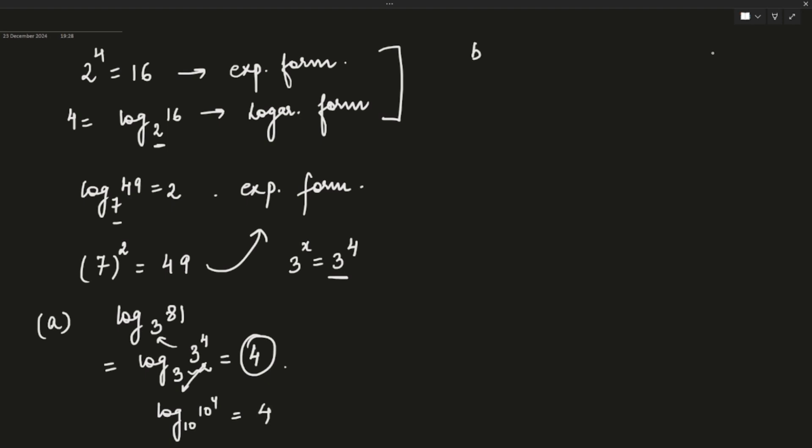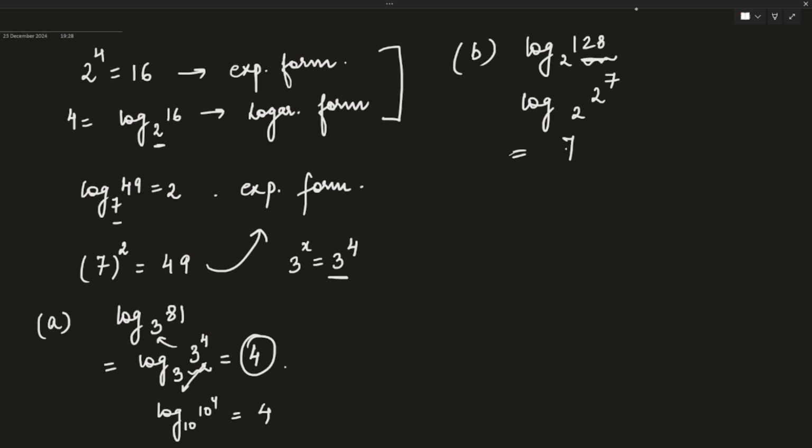Let's take some more examples. Suppose we have log of 128 to the base of 2. If we want to express 128, which is our argument, in the form of 2, we can write it as 2 to the power 7, base 2.